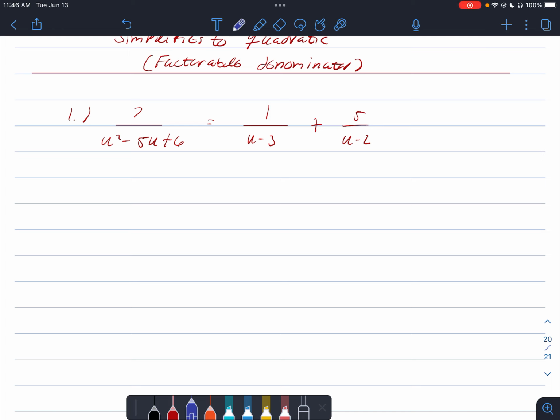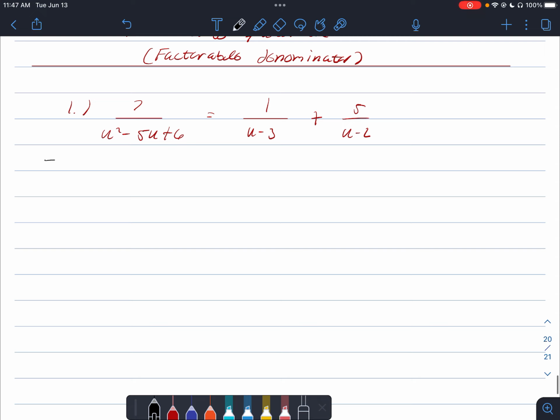Okay, so to do this, we want to see if we can find two numbers that multiply together to give us 6 and add to give us negative 5. All right. So here I'm thinking -3 and -2. Those two multiplied together would give us 6, and added would give us -5. And those happen to be the same as these denominators here. Okay.